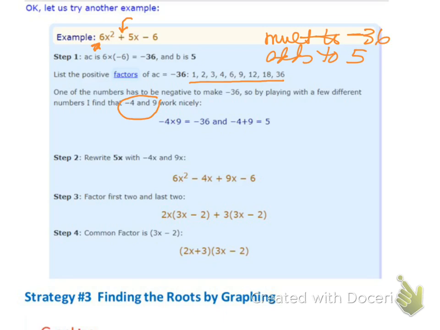So now what they're going to do is they're going to decompose that middle term, which used to be a +5. Okay, so I initially had 6x squared plus 5x minus 6, and I decomposed the 5x into a -4x plus 9x, and you see how that would add back to the 5x? So I'm not doing anything that upsets the apple cart here.